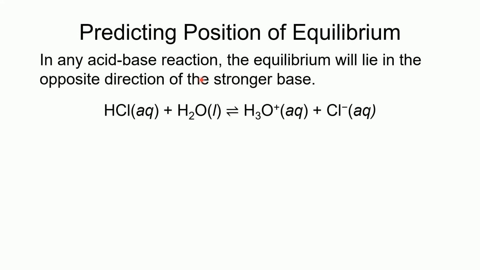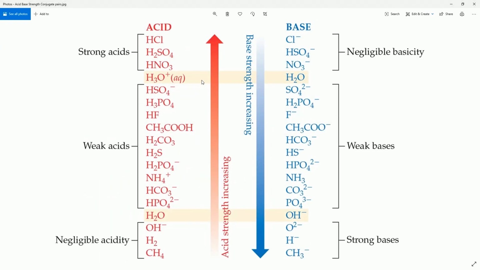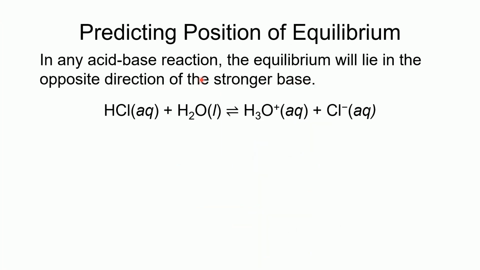So for example, here we've got hydrochloric acid plus water gives us hydronium ion plus chloride ion. Now, I am going to bring up that list. I've got it opened in another document here. I've just got that image file, and so let me go back to this.